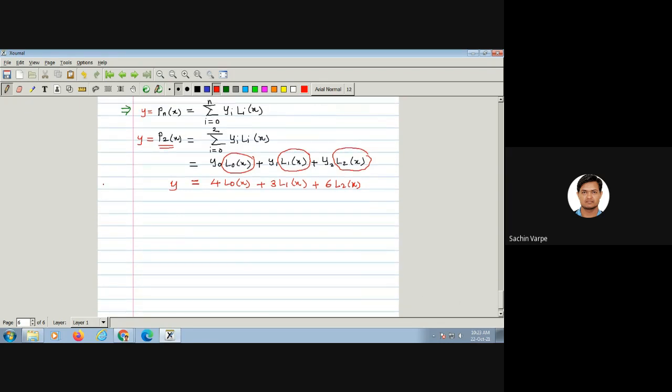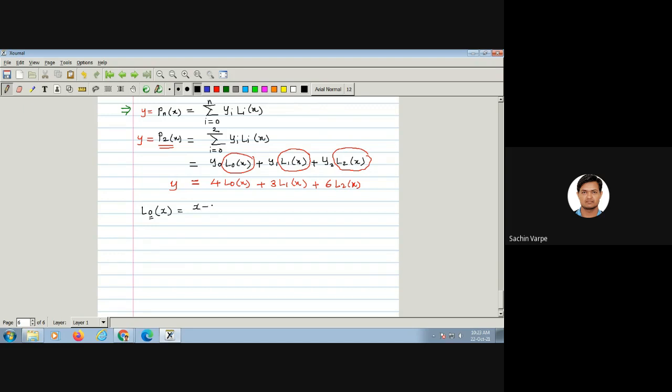So let us write the formula for L naught of x. What is L naught? We start from x naught and we neglect this i, that means we have to neglect x minus x naught only, the first bracket.